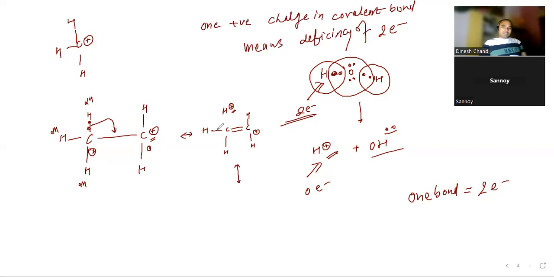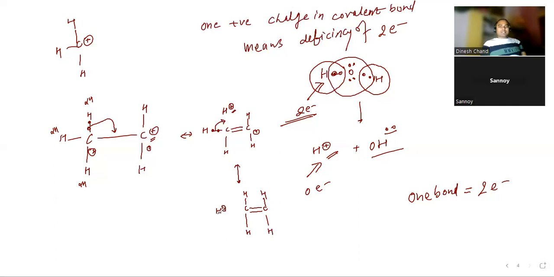Now see, this bond of 2 electrons is going to take the position of this one. So what will be there? H plus, this is the hydrogen, this is hydrogen, this is hydrogen.